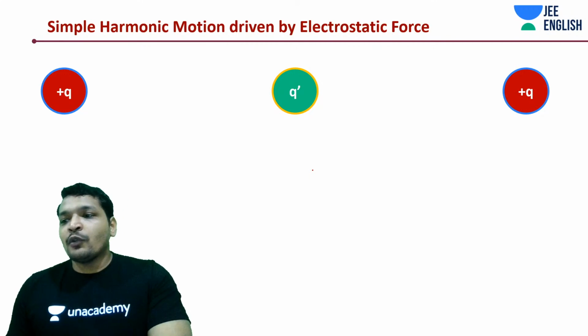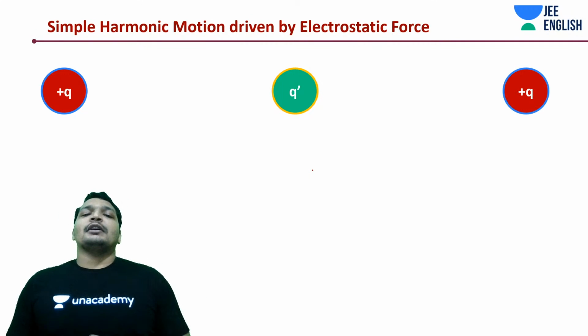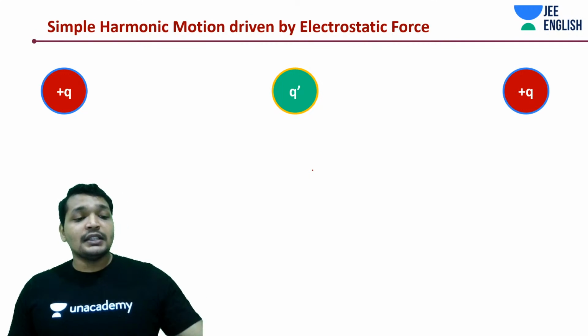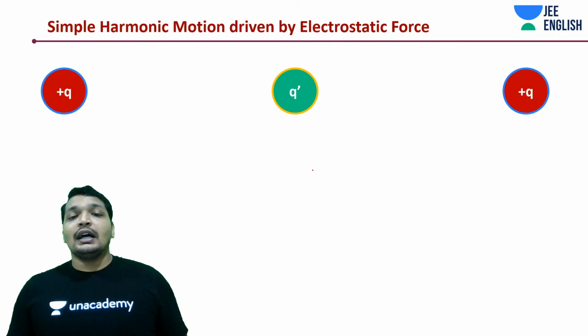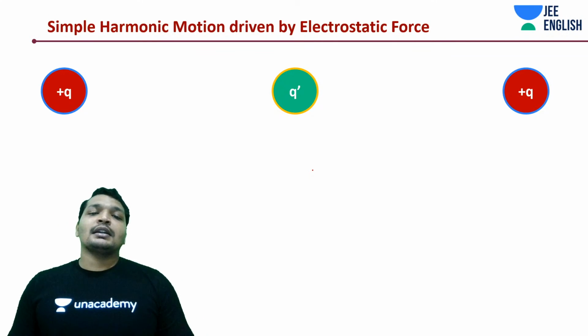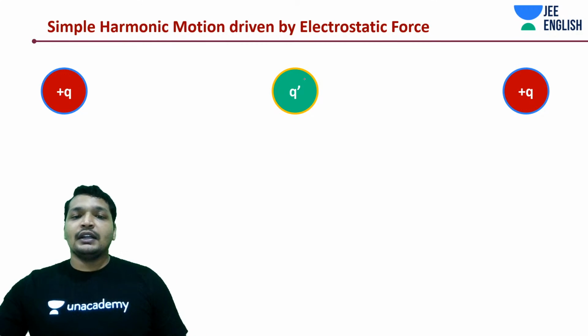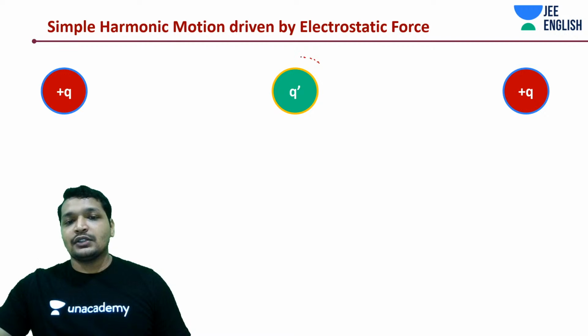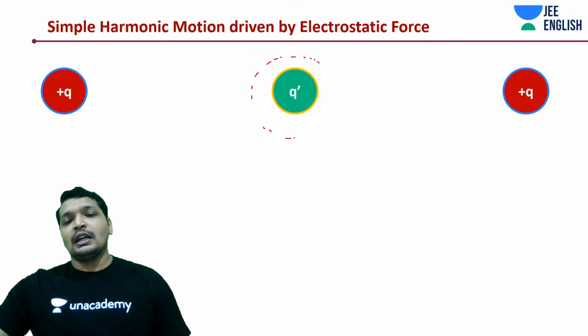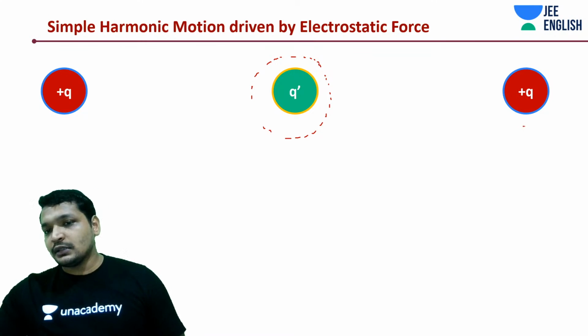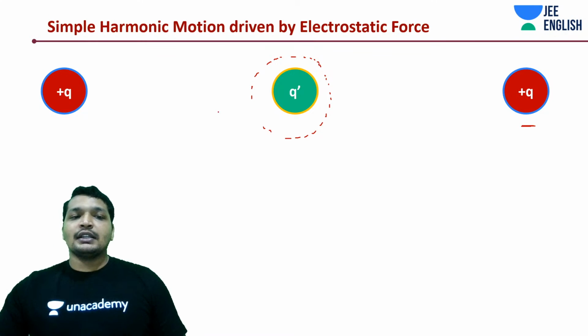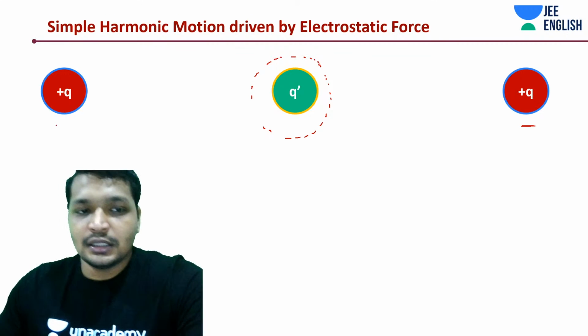But coming to one of the most popular things that has been asked in JEE Mains, JEE Advanced, is simple harmonic motion that gets executed. So let's say we have a test charge or a point charge over here. Not necessarily identical charges, but in this case, just for understanding, we have 2 identical charges.